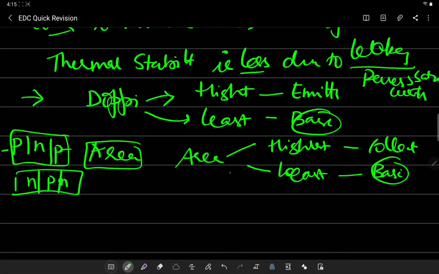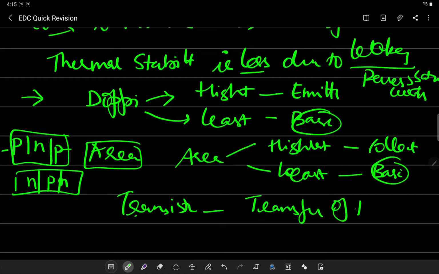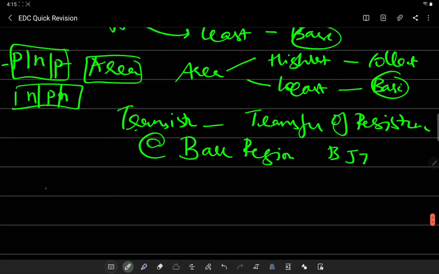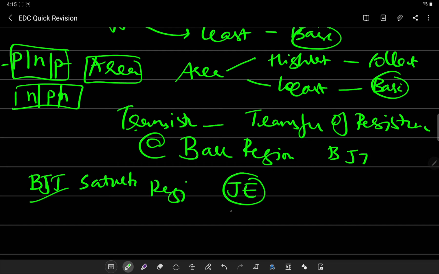So the transistor action, basically transistor means transfer of resistance, and this happens at the base region in a BJT. If you want to operate the transistor in saturation region, the emitter junction and the collector junction are to be forward biased.